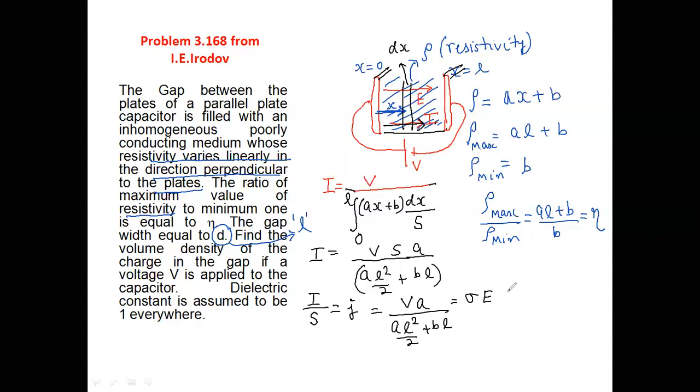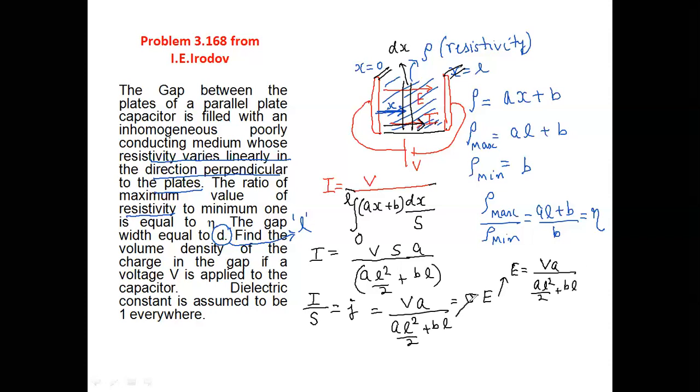That means you can find out now the value of electric field. So we find the electric field E as V over (A L square by 2 plus B L) divided by sigma.